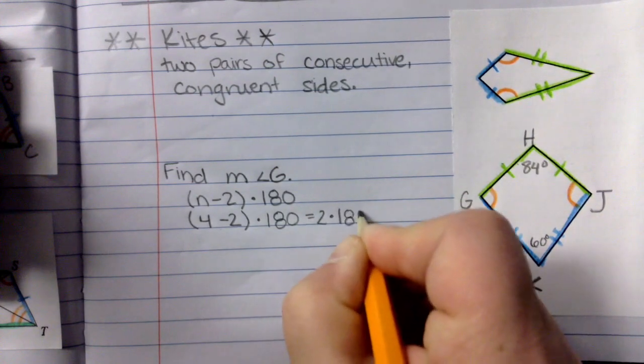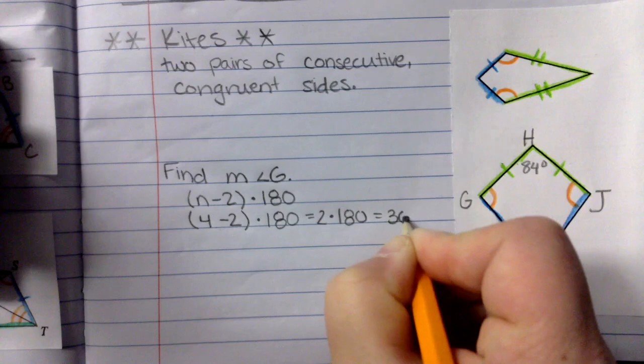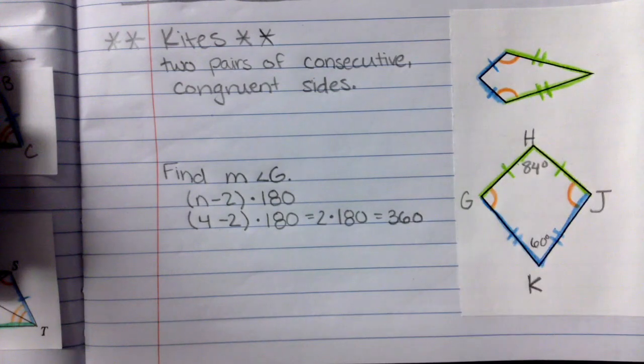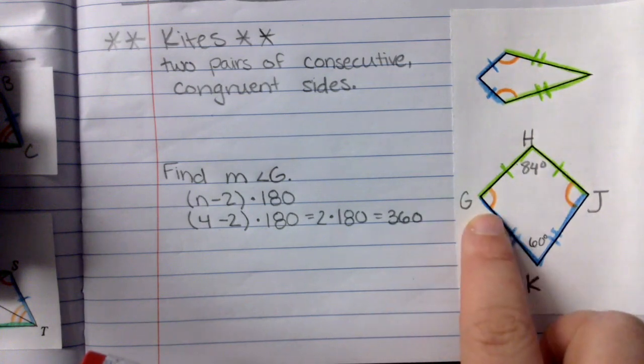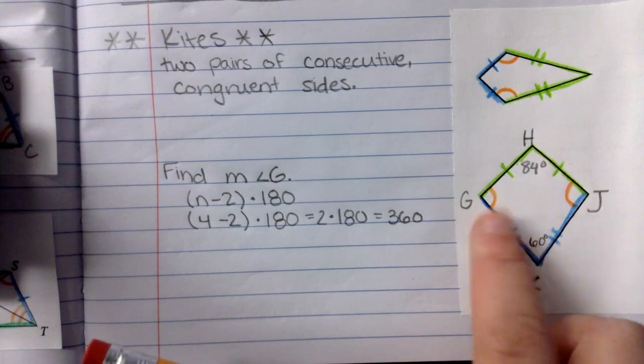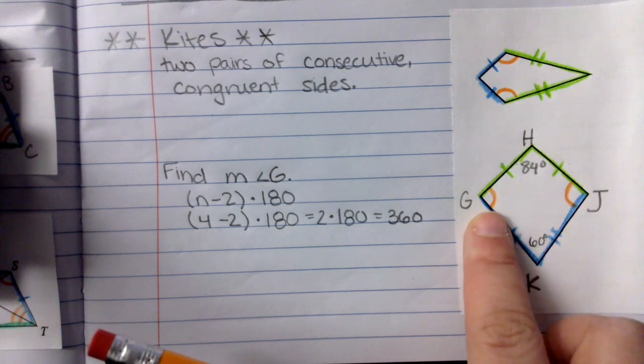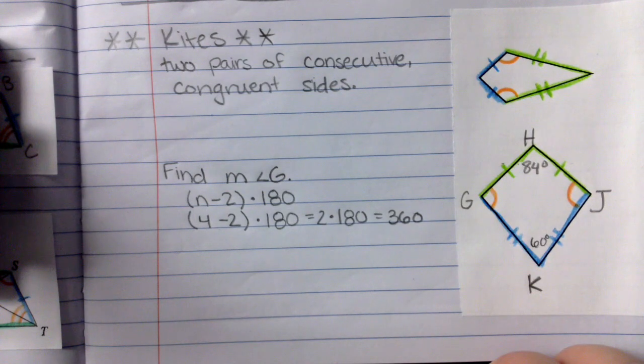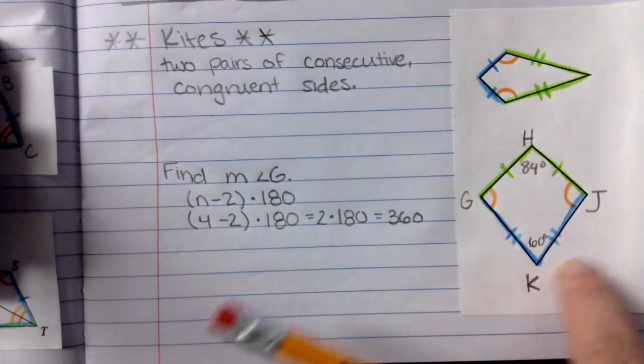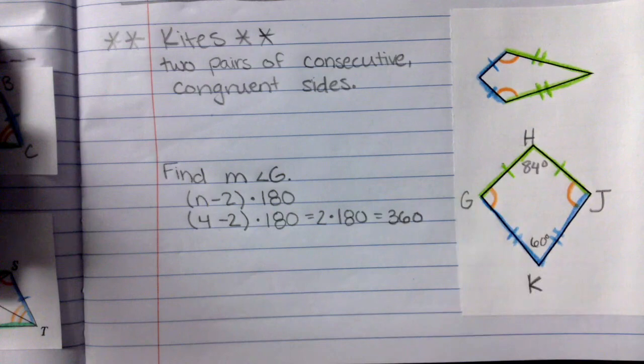So what would be my next step in figuring out what angle G is equal to? Now that I know the total, how can I figure out what angle G is equal to? Okay, 360 minus what? Minus 60 minus 84.